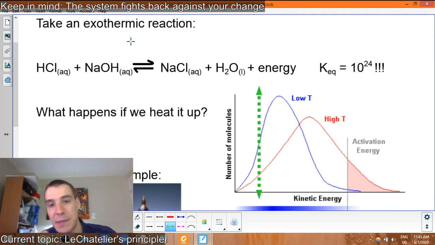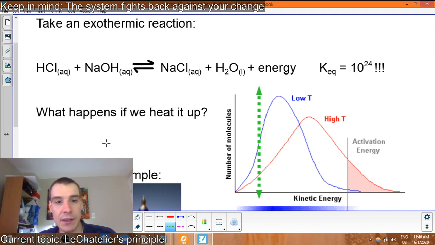Heating something up speeds up the endothermic reaction more than it speeds up the exothermic. Same thing with cooling something down. Cooling something down will slow down the endothermic reaction less than it'll slow down the exothermic.